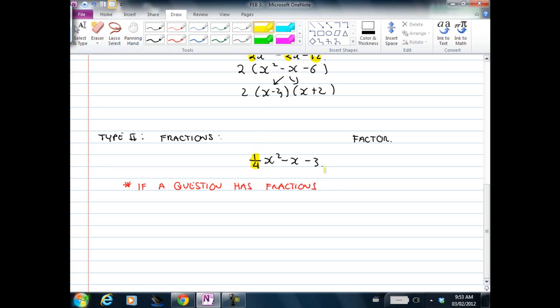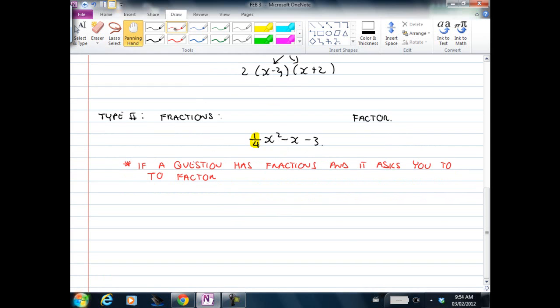If a question has fractions and it asks you to factor, then you need to factor out the fraction.